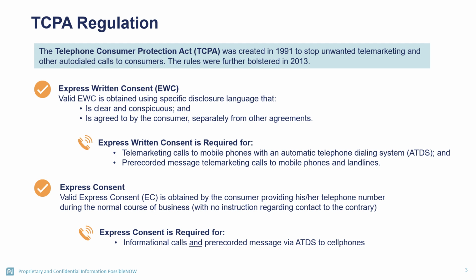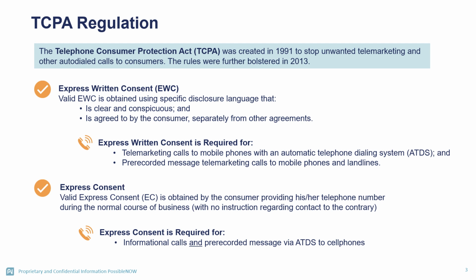So just starting out here, there's two types of consent that may be needed, depending on what types of calls you're making and the type of dialing equipment that you're using. The first we'll talk about is express written consent.